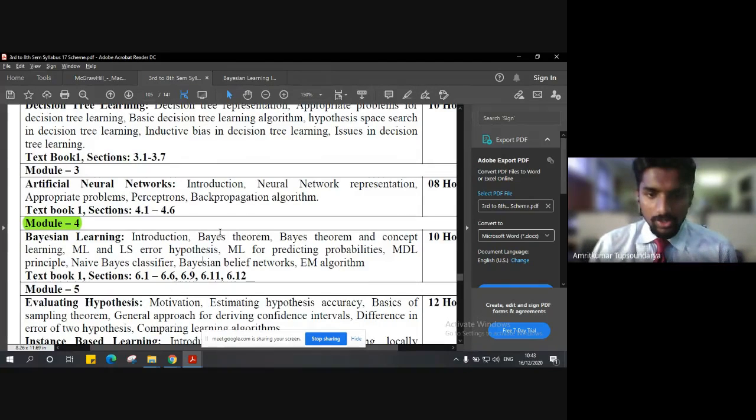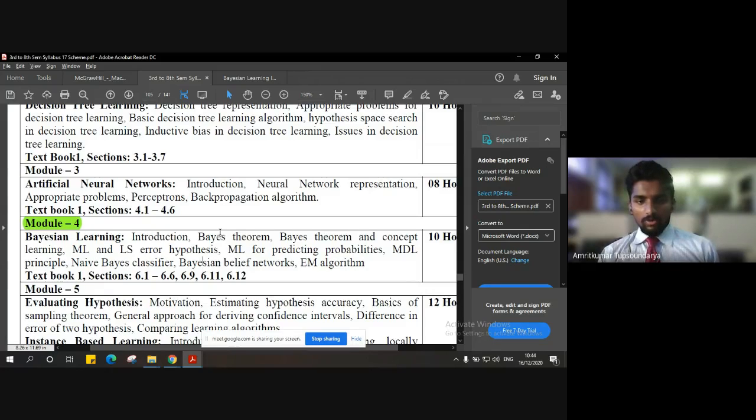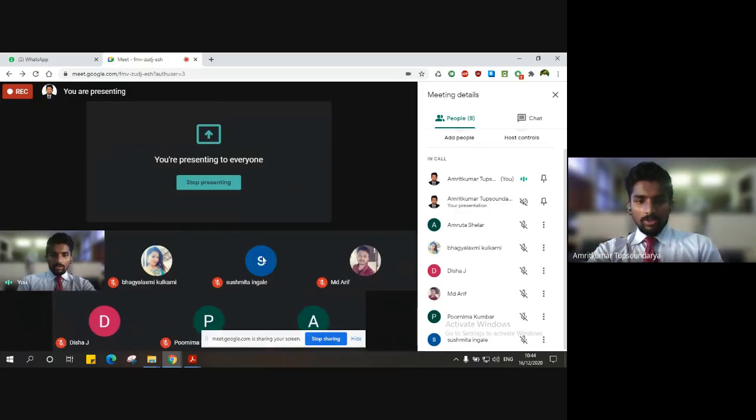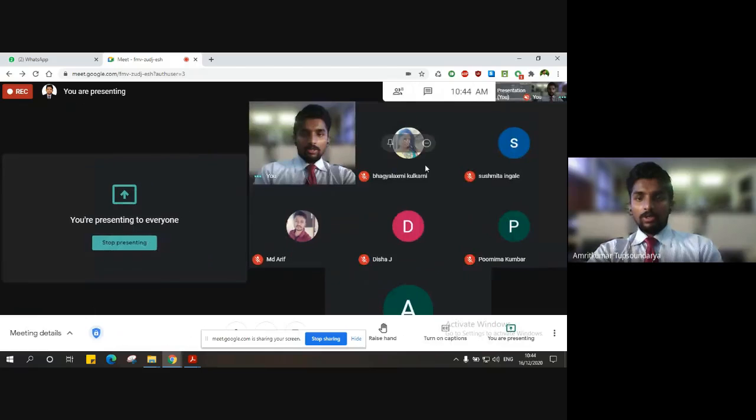Similarly, we are going to see concept learning in Bayesian theorem, and a few more: least mean square hypothesis, ML and LS error hypothesis, then ML for predicting probabilities, MDL principle, naive Bayes classifier, Bayesian belief network, and ultimately the EM algorithm. These are very broad, very important algorithms that play an important role in machine learning, basically for predicting data. From the next lecture onwards, we'll deep dive into them and understand in detail what they are and how they can be related to real-time problems.